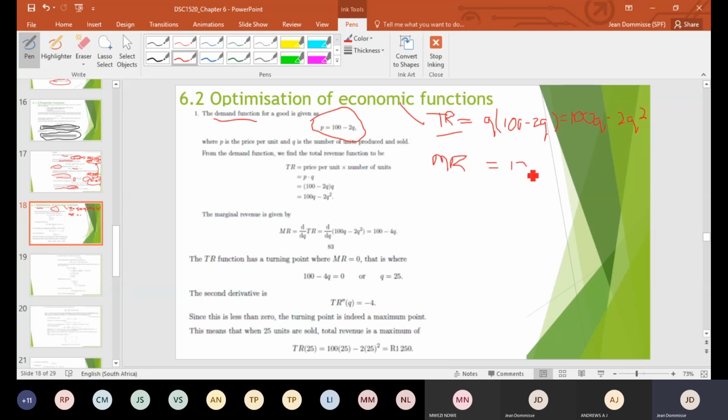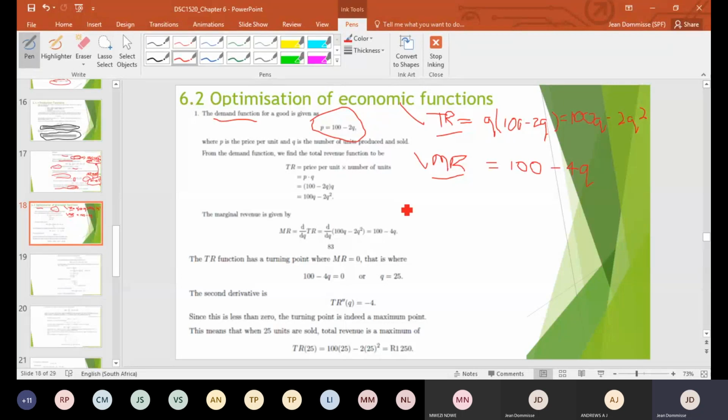So marginal revenue: if we just do a differentiation, the Q to the power of 1 minus 1 means the Q will basically disappear. 2 times 2 will give me minus 4, and the Q to the power of 2 minus 1 leaves us with just Q. Okay, so marginal revenue done.